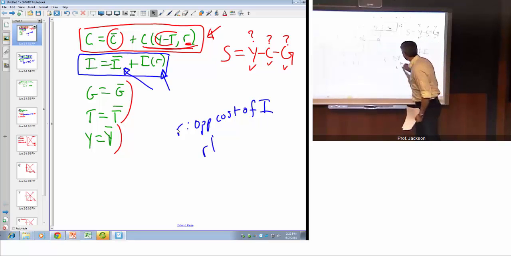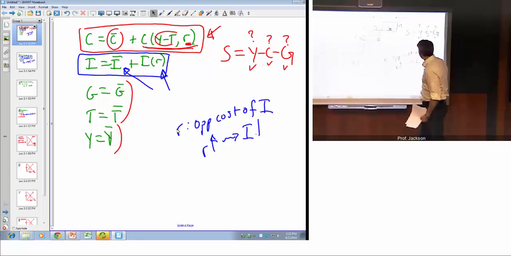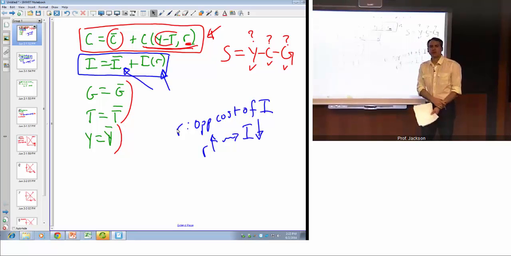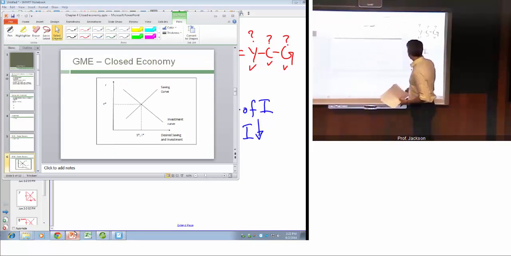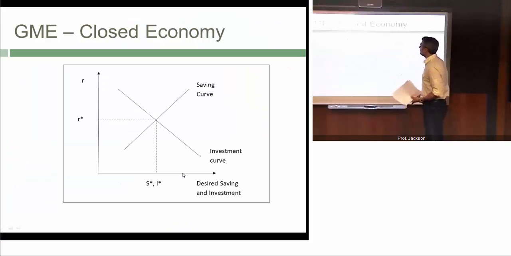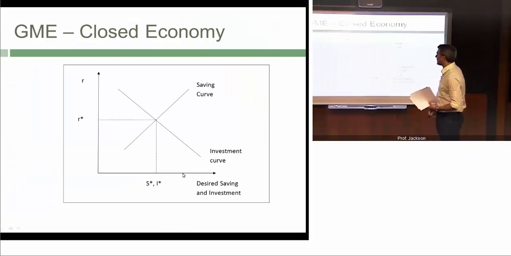So as the real interest rate goes up, you would expect investment to go down and vice versa. Okay. And so as a result of that, if we look at this investment curve, that's going to be downward sloping. Higher real interest rate, it's more expensive to invest, less investment, and vice versa.